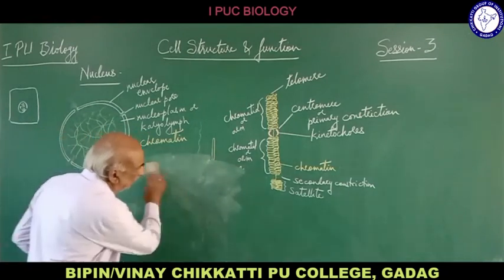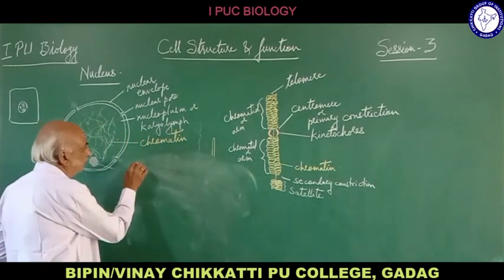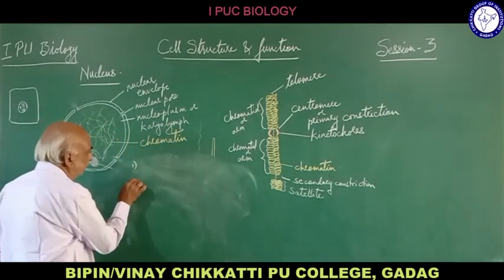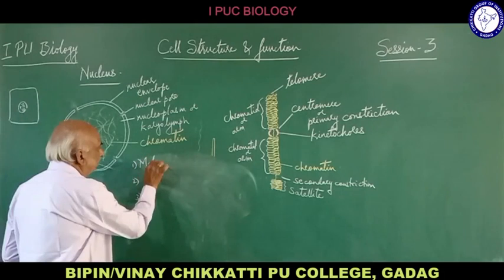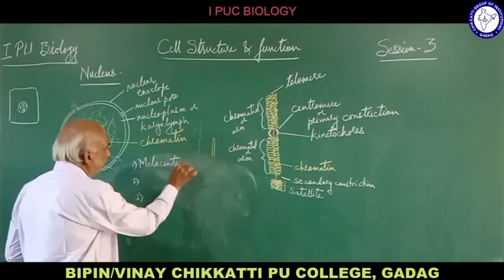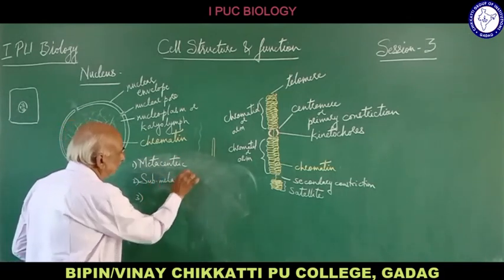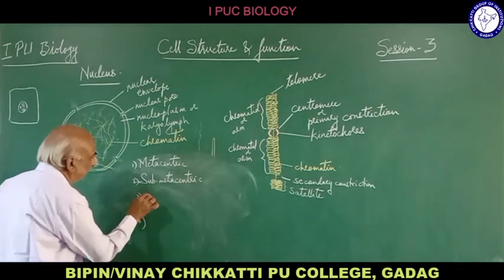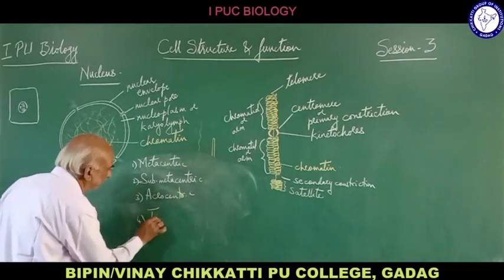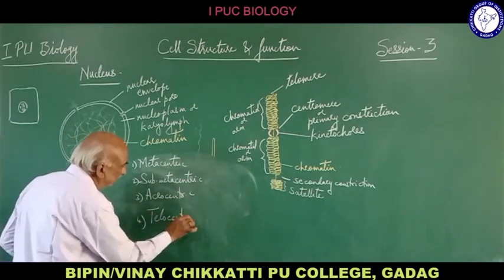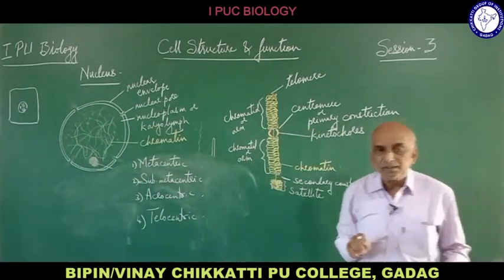Based on the position of the centromere, there are 4 types of chromosomes: metacentric chromosomes, submetacentric chromosomes, acrocentric chromosomes, and telocentric chromosomes. These are the 4 types of chromosomes based on the position of the centromere.